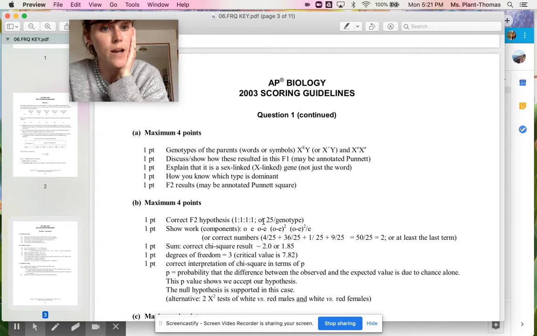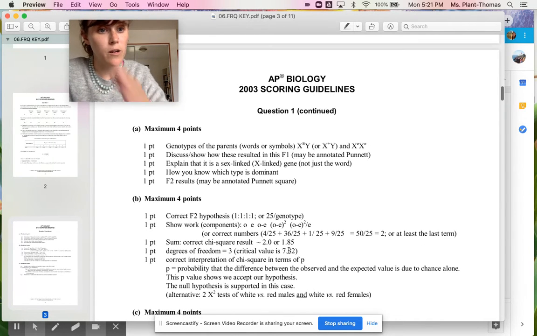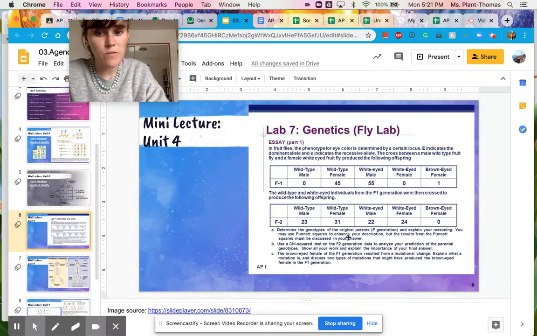What this means is you're going to have one female that's wild type, to one female that's white-eyed, to one male that's wild type, to one male that's white-eyed. And so then you're going to do a chi-square where your expected values are all equal because it's all 1/4. So your expected values are 25, 25, 25, 25.